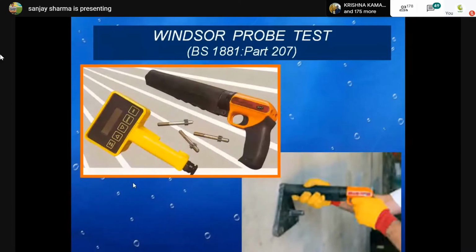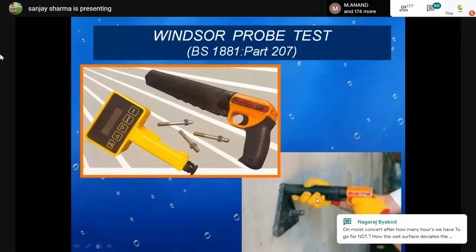This is another hardness method, called the Windsor probe, which is not in the Indian code. The British code, BS 1881 Part 2, covers it. Basically it is a type of gun. We fire small shells into the concrete like this. We fix it and then fire it.